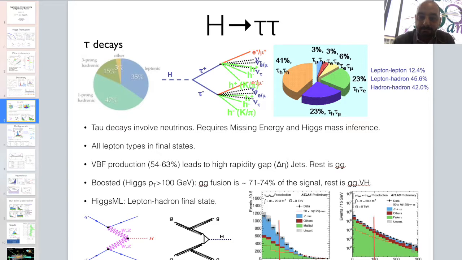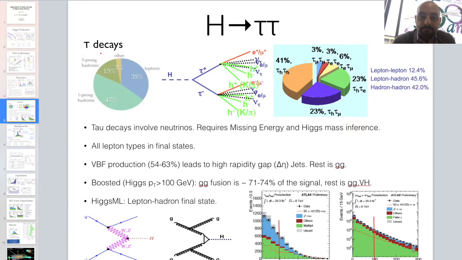In these events we have two taus, and so multiple neutrinos, which makes it particularly difficult to estimate the mass. It requires you to use the measurement of missing energy to infer the mass of the Higgs and the tau somehow, so you don't have great resolution of the mass.